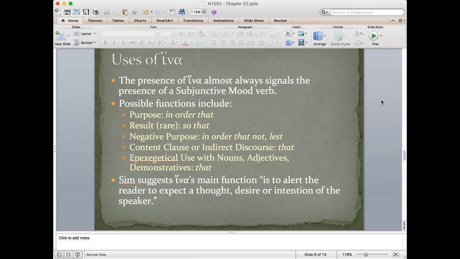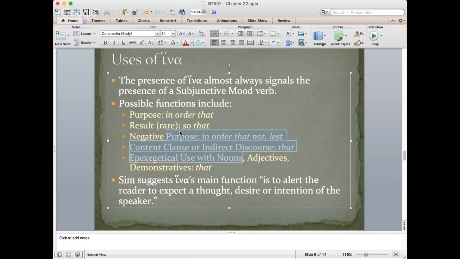So this is just giving you the different ways that the hina might function and ways that you might translate that. And that would be worthwhile knowing, that kind of range of hina and how those map. You know, hina as purpose, which translates in order that, etc. So that would be a good selection of information to memorize.